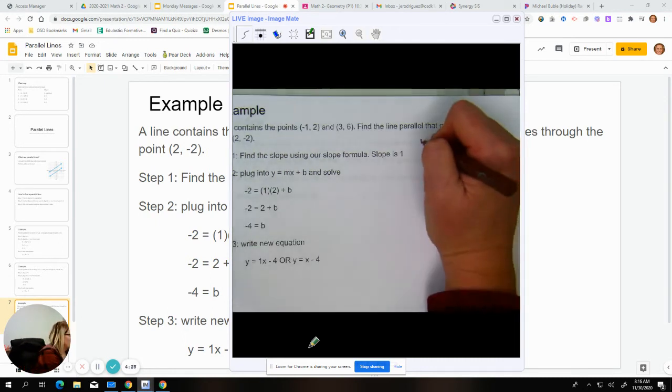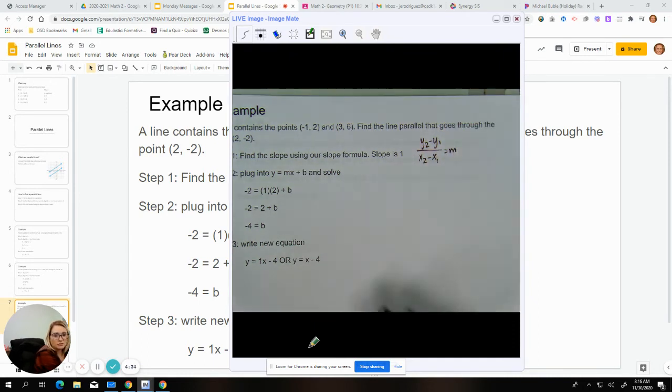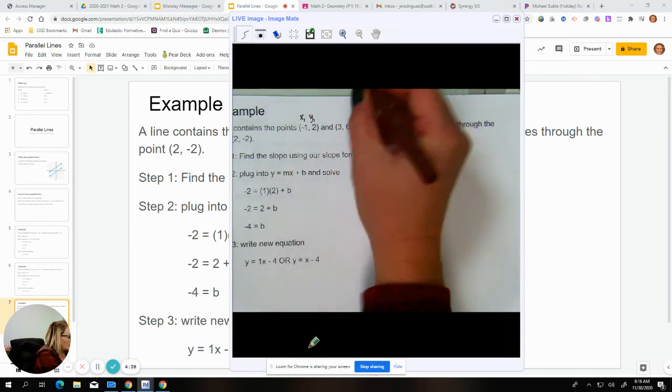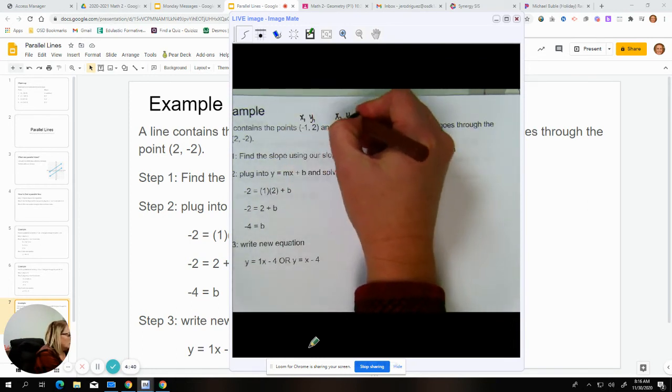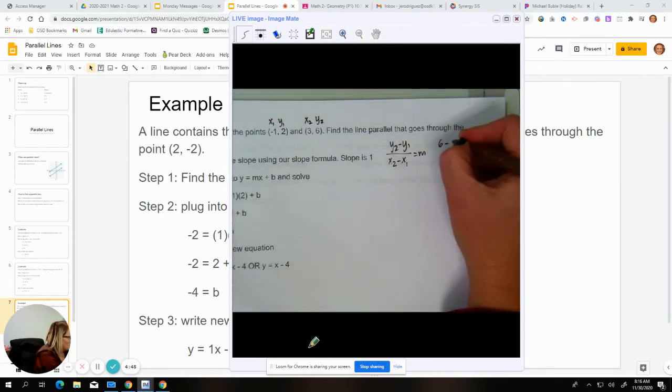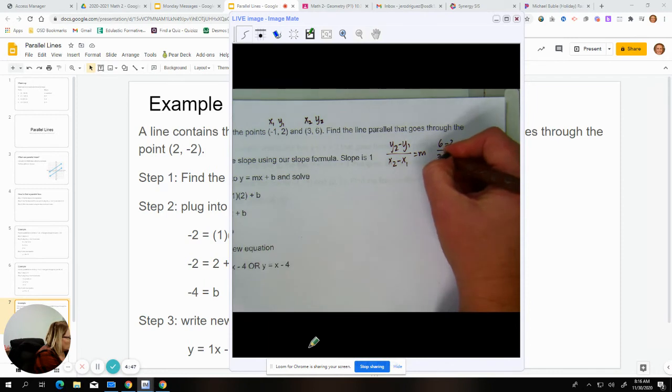We're going to use y2 minus y1 over x2 minus x1. I'm just going to call these x1, y1, x2, y2. So it is going to say 6 minus 2 over 3 minus negative 1.